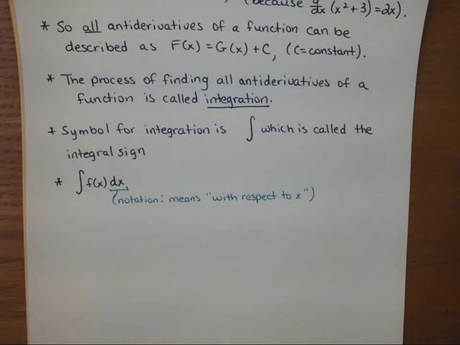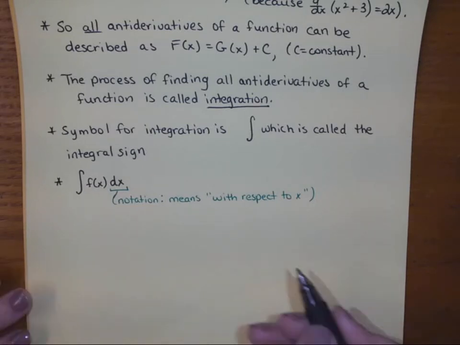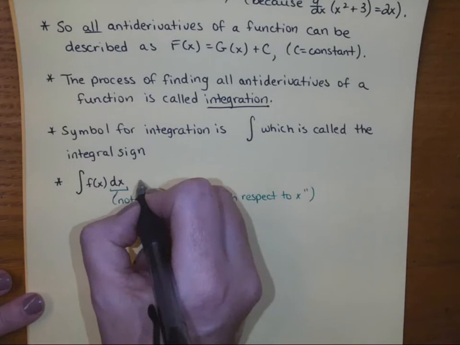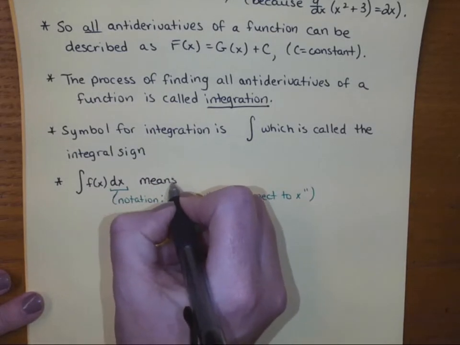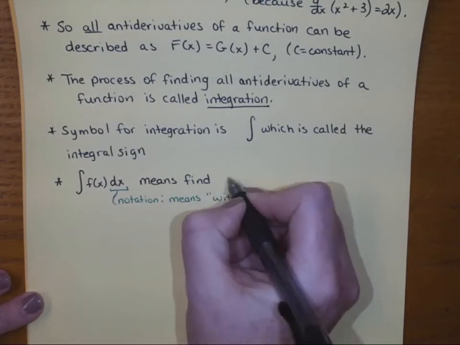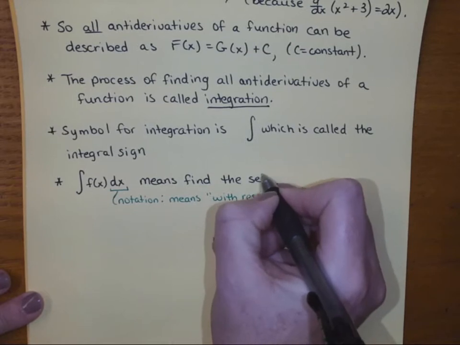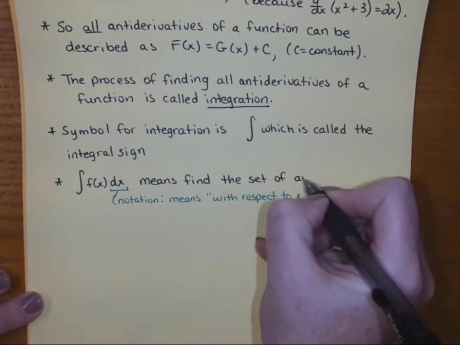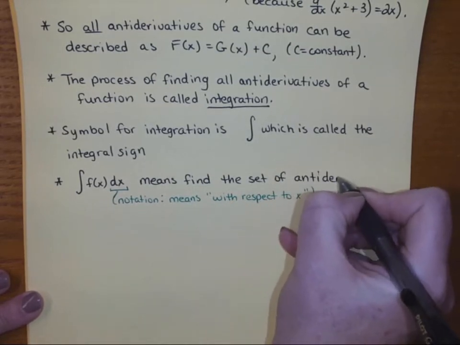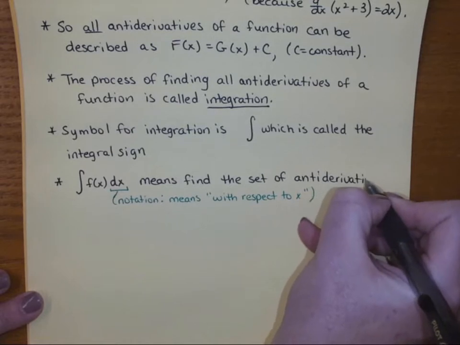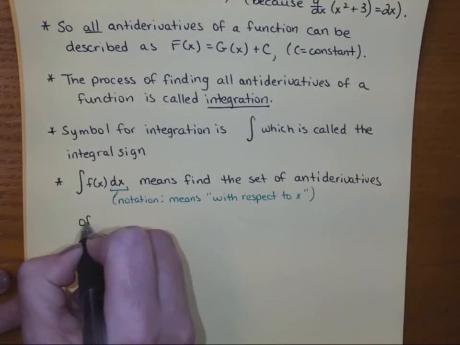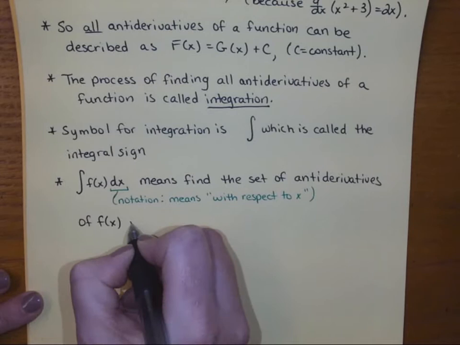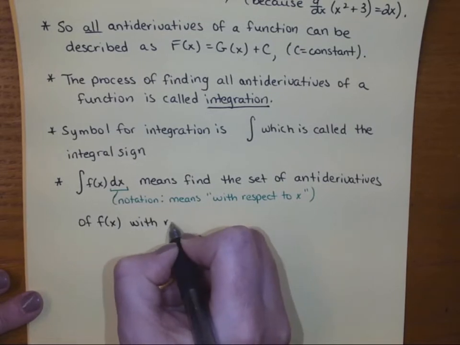Okay, so this means find the set of antiderivatives of the function f of x with respect to x. That's what it means.